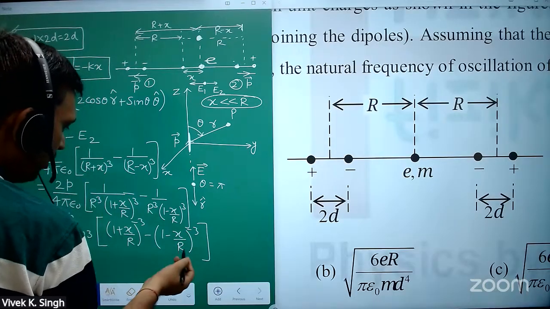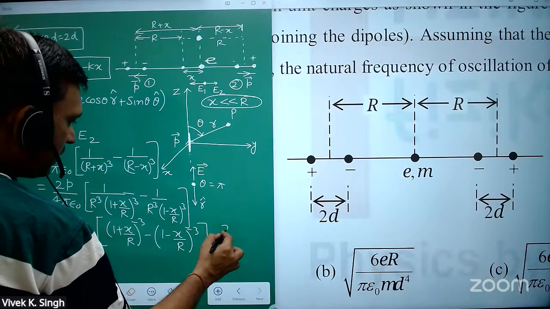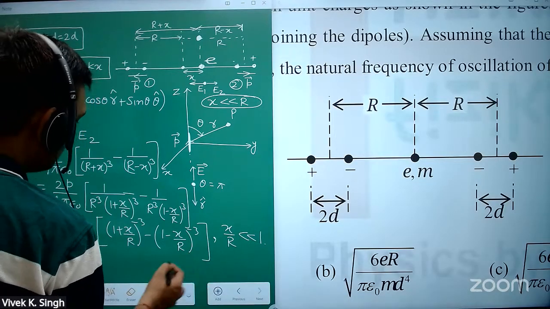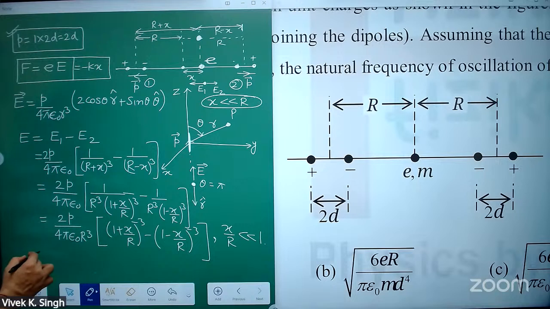Then we will use binomial expansion because x by r is far, far less than 1.